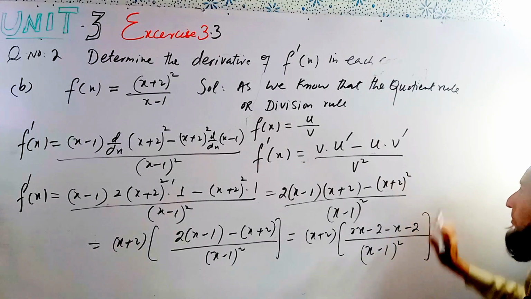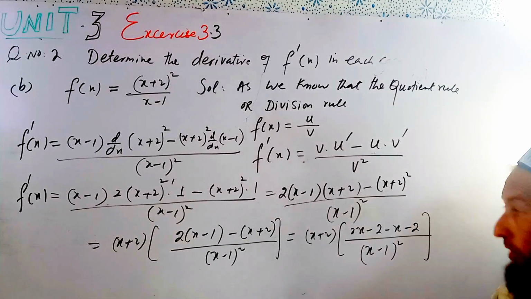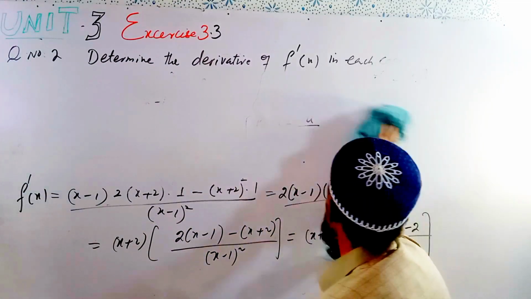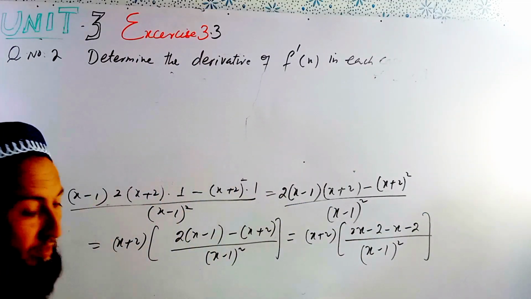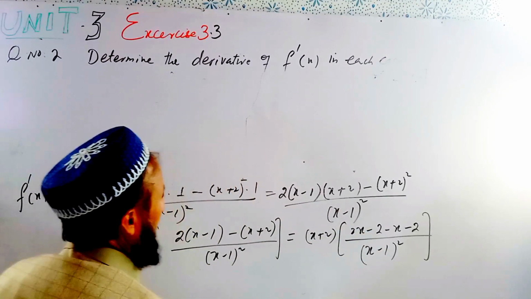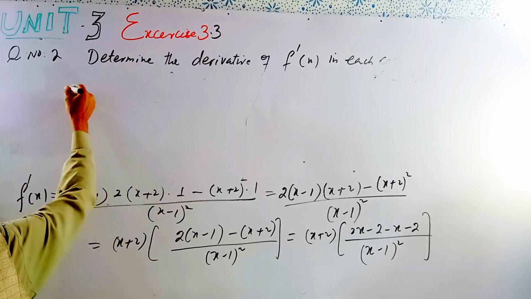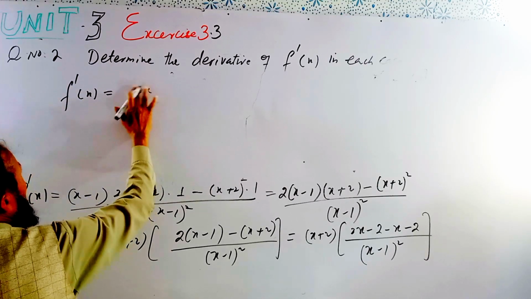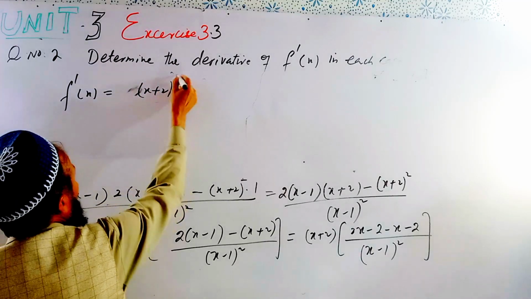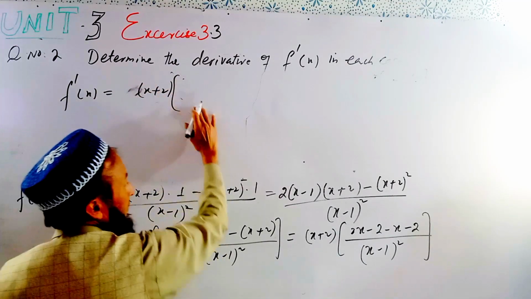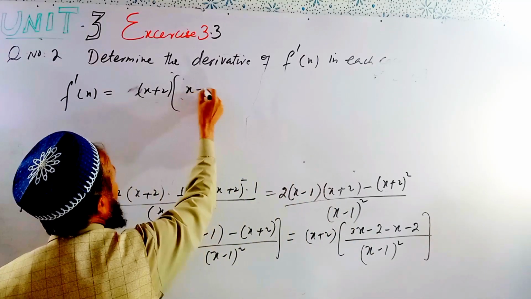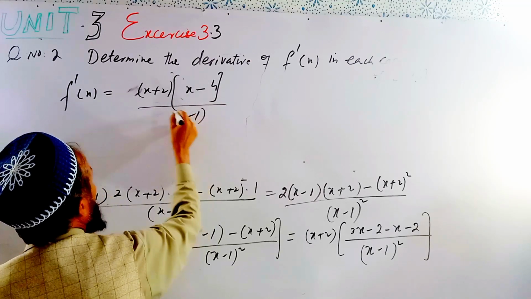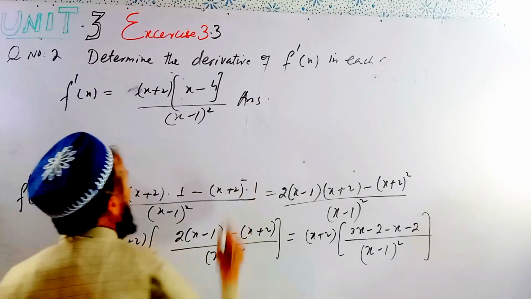Here 2x minus x gives x, and minus 2 minus 2 gives minus 4. So f dash x is equal to (x plus 2)(x minus 4) divided by (x minus 1) whole square, which is the required answer.